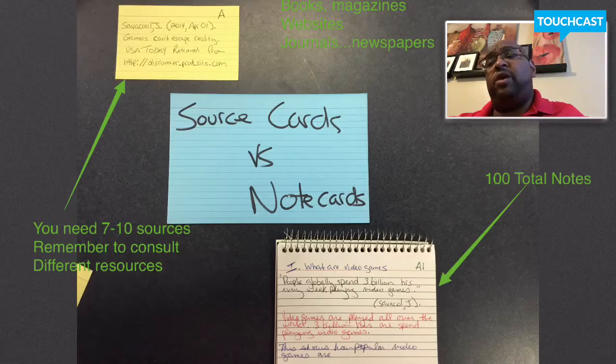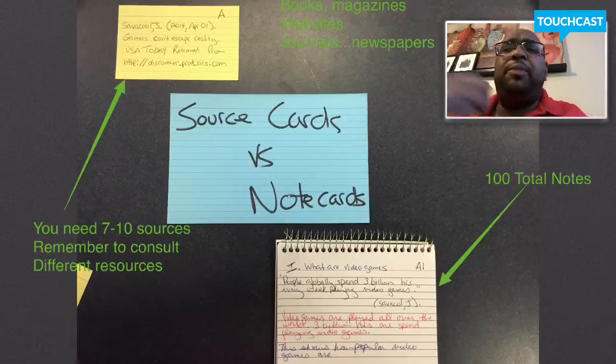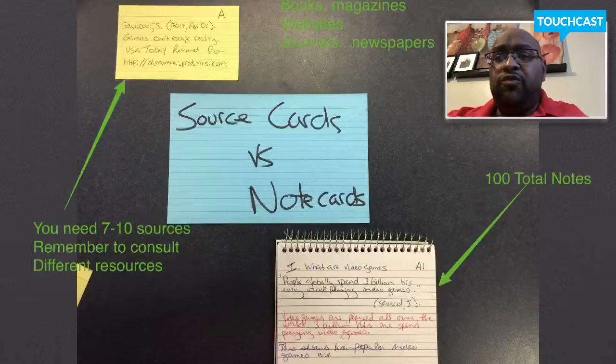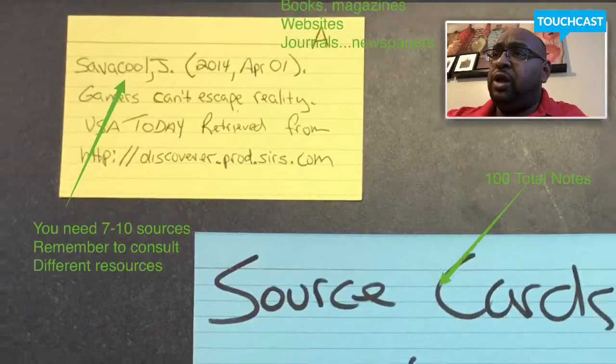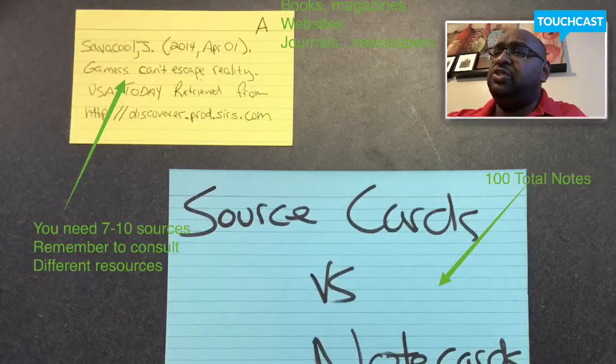And then you're going to have, in theory, when the project is done, the overall 8th grade project, 7 to 10 sources and about 100 total notes from those sources. So it's real important that you're able to distinguish between those. So for example, if I zoom in right here, this is the source citation from one of the first articles, Gamers Can't Escape Reality.